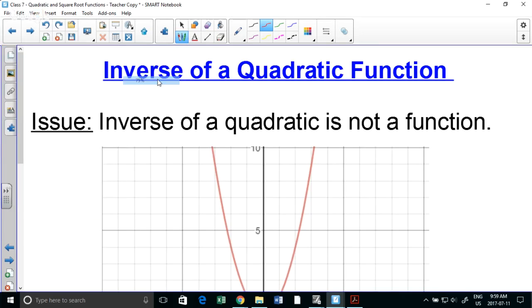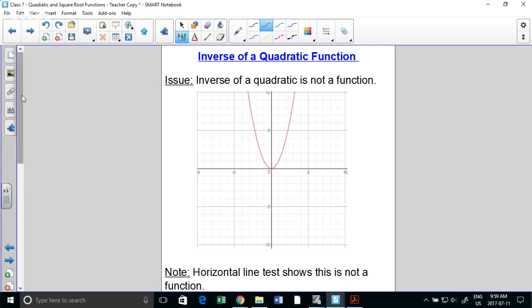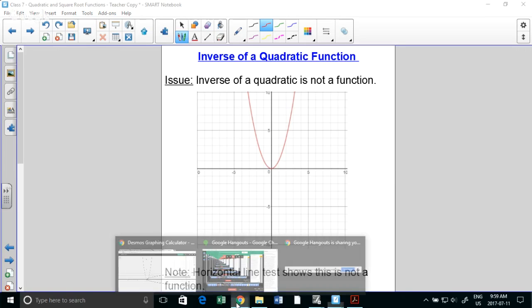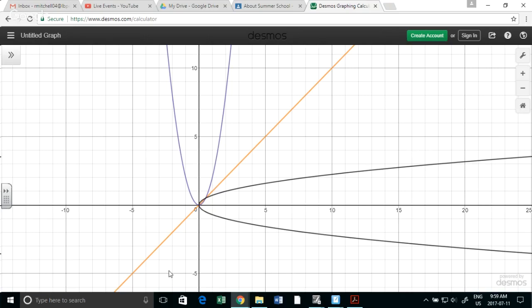So this brings us to what we're going to talk about. The inverse of a quadratic is not a function. So like we said, we have this picture here. We pass the vertical line test. It's not happening. It's not a function, period. It has so many different places where it's not following the vertical line test, where we have two points on the same vertical.